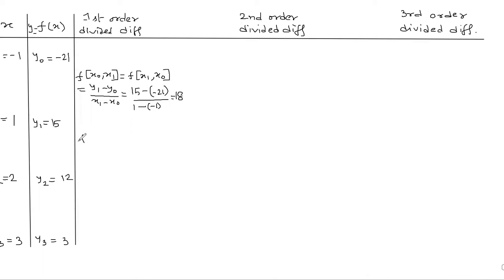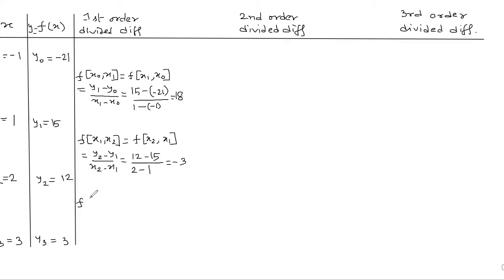Similarly, the first order divided difference with respect to x1, x2, which is the same as f of x2, x1, is equal to y2 minus y1 divided by x2 minus x1, which is equal to 12 minus 15 divided by 2 minus 1, which is minus 3.